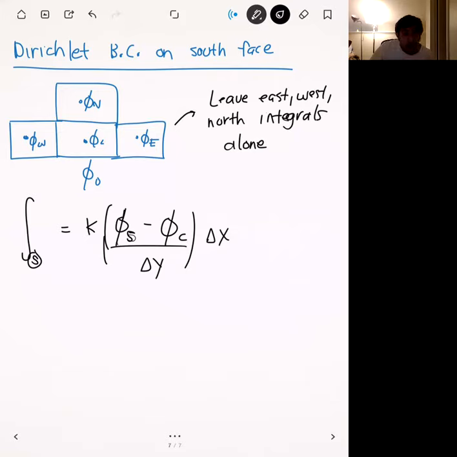What we're going to do instead is replace this with a different finite difference expression that incorporates the Dirichlet boundary.